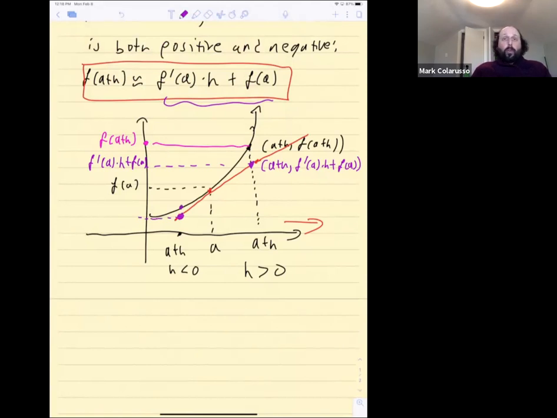So we can go both ways along the tangent line to estimate the function values, so long as you don't go too far away from the point a where you start. Because unless your function is almost a line, eventually the curve is going to get far away from the tangent line, and this approximation will not be that useful. But for small values of h, it gives you a fairly good back of the napkin approximation.